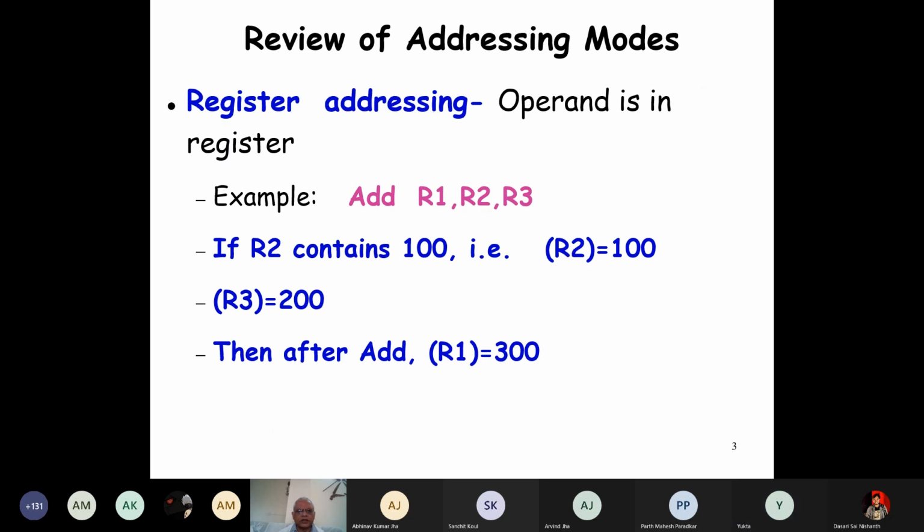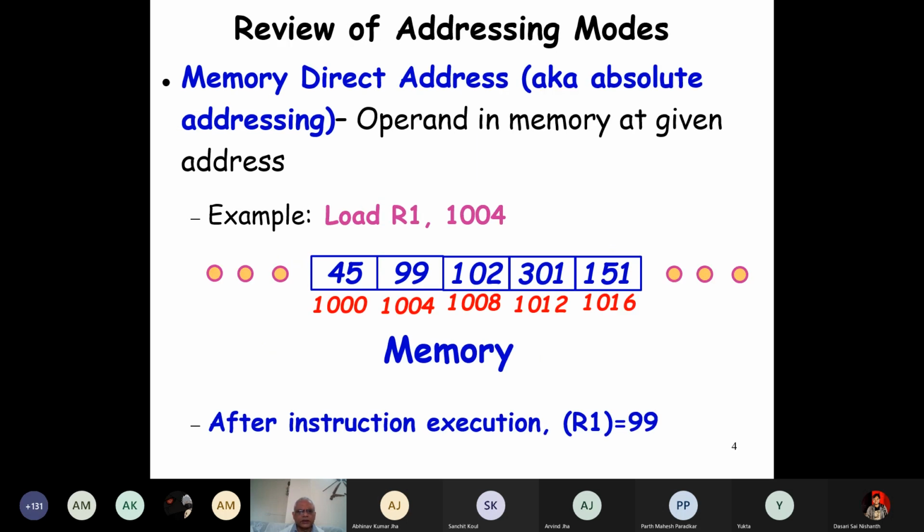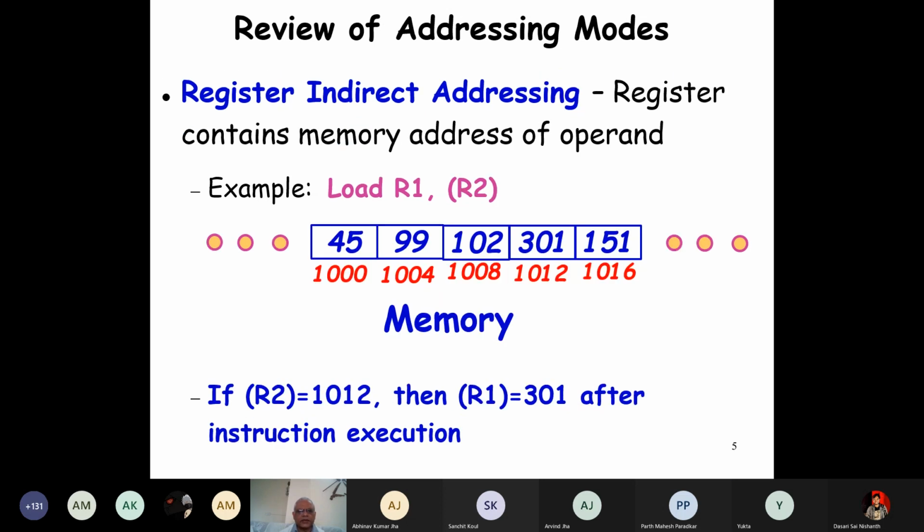Okay, here the operand is present in the register, and that we call the register addressing. And when we directly write the memory address, we call it the memory direct addressing. And when the register contains the address at which the operand is to be found, that we call the register indirect addressing.